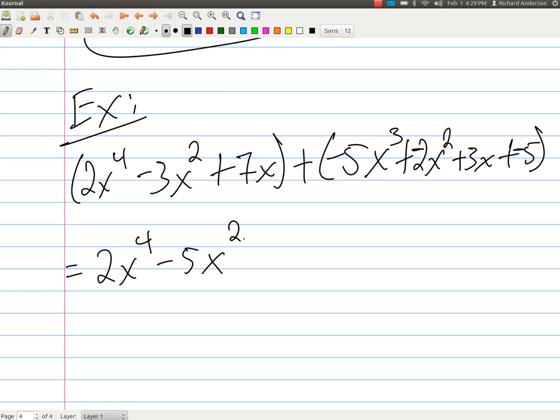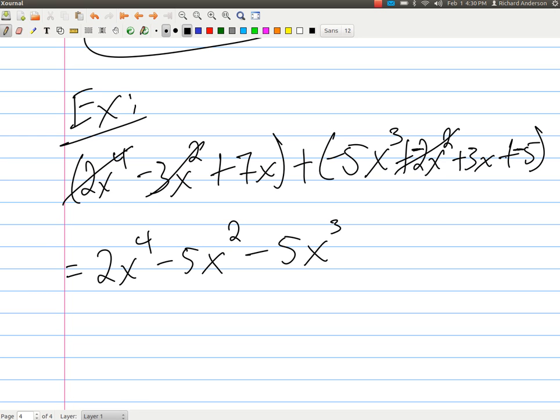Many of us may have noticed that I've left off this negative 5x to the third power. Unless Course Compass states otherwise, you can put this term anywhere in your final answer. They may ask you to put it in descending form, in which case the exponents would have to go from largest to smallest. Otherwise, we could just keep that negative 5x to the third anywhere in the answer, as long as it's there somewhere.